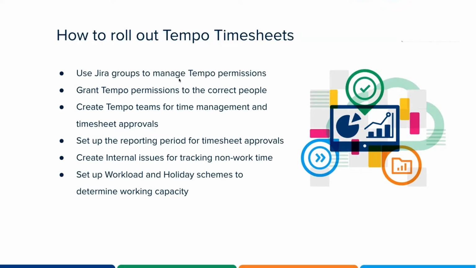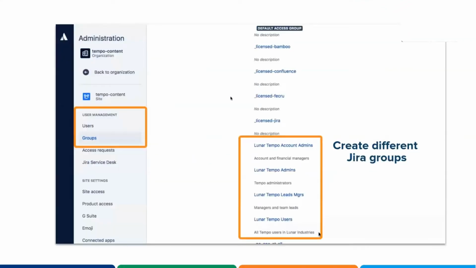So I will start off with a few tips about rolling out Tempo to your organization. A good thing to set up for Tempo is actually first in Jira, and that's to really make the best use of your user groups for managing Tempo permissions.